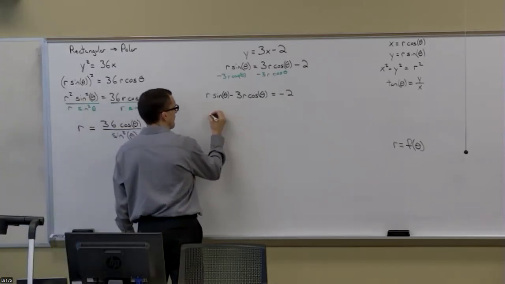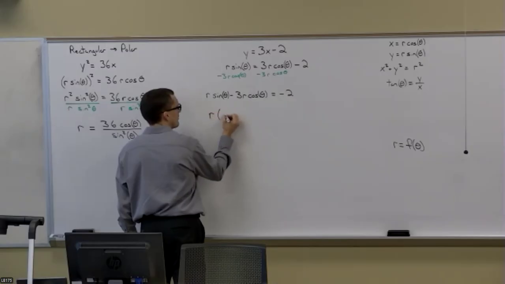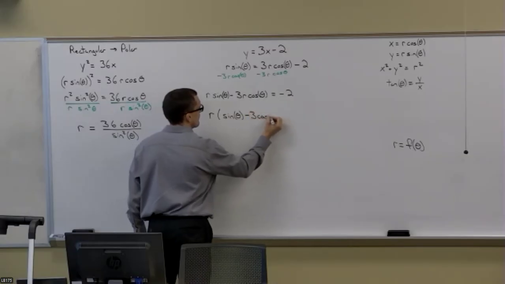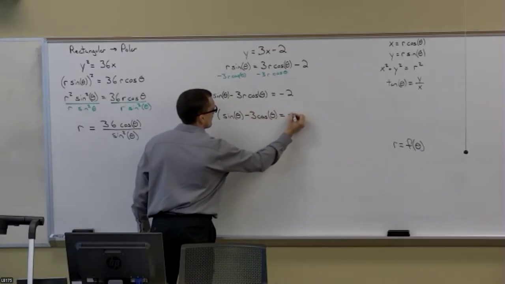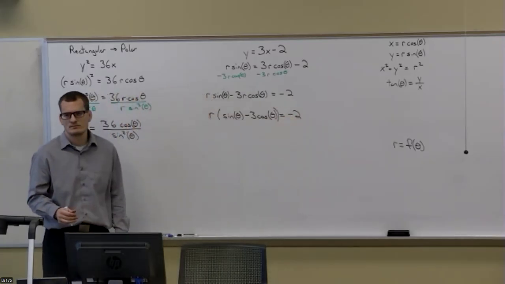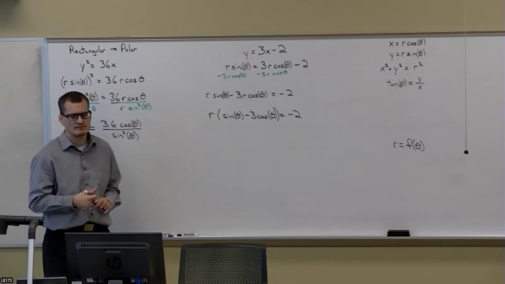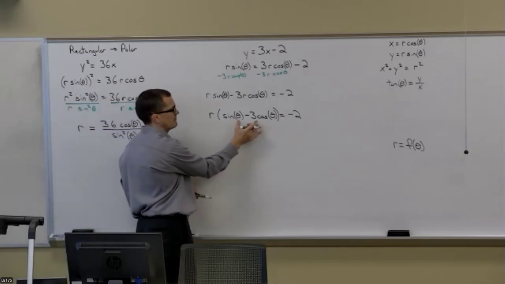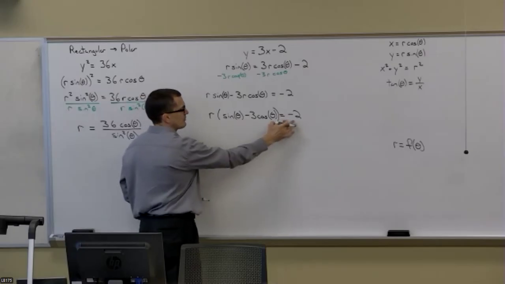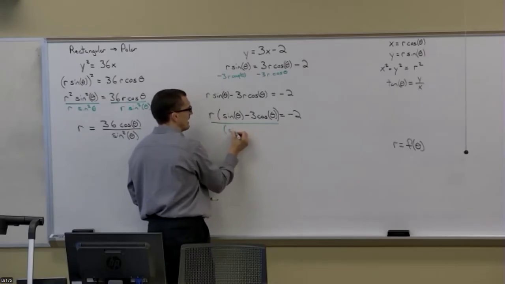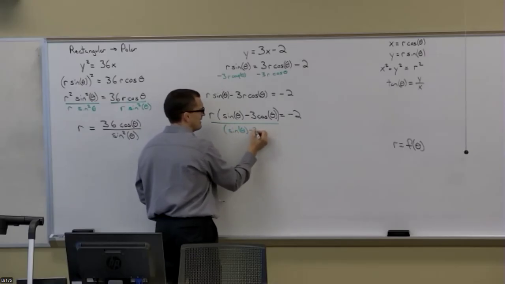Now I can factor out the r on the left-hand side. That'll give me r times (sine theta minus 3 cosine theta) is equal to -2. In order to solve for r, I just need to divide both sides by that number.